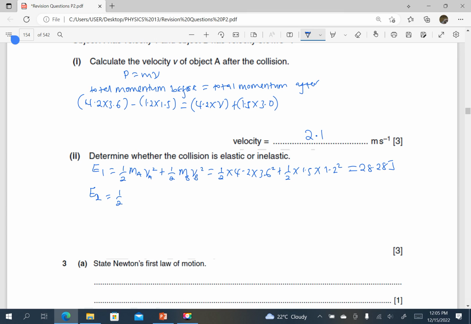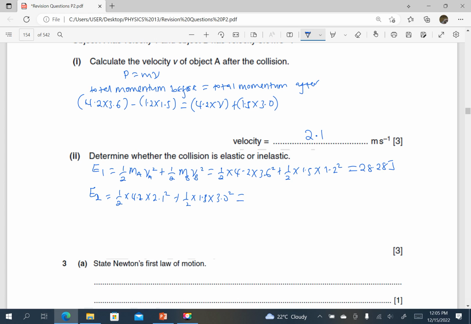Then after collision, total kinetic energy after collision is going to be a half times 4.2, speed of A after collision is 2.1 squared, plus a half, B is 1.5 times speed of B after collision, which is 3.0 squared.